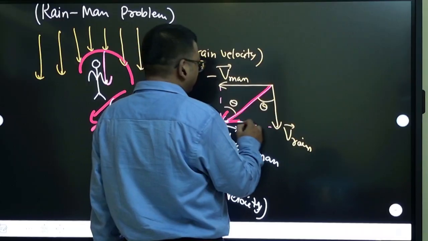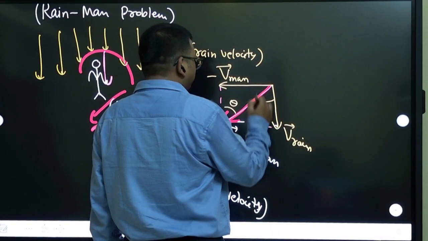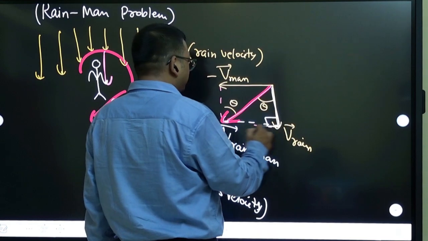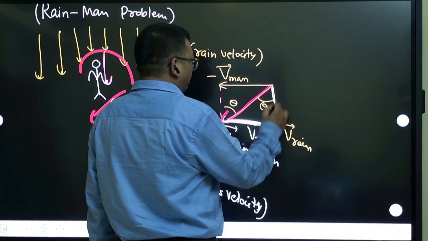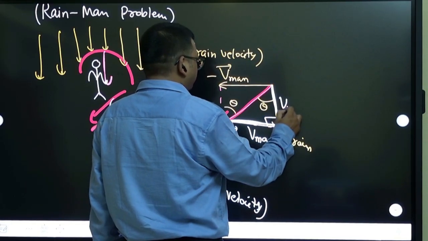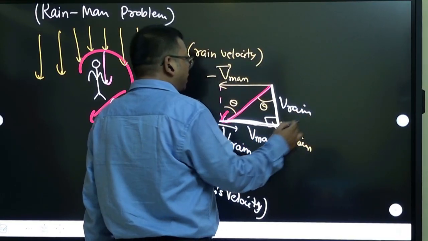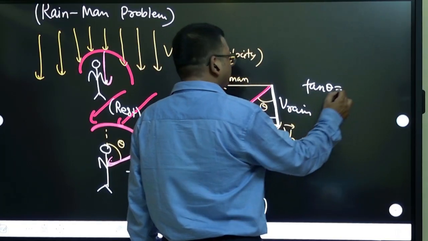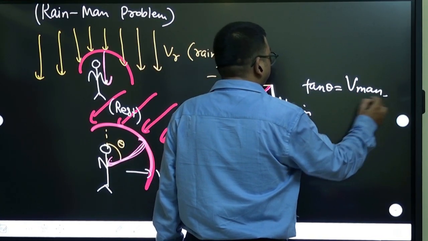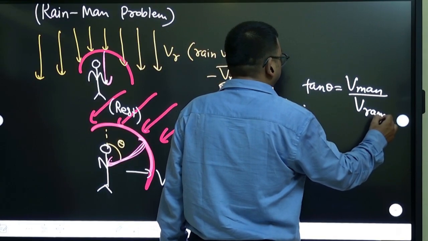This triangle you can clearly see, right? This is anyway 90 degrees. So this is the velocity of the man and this is the velocity of the rain. So you calculate tan theta. Tan theta from this is velocity of man by velocity of rain. That is the answer.